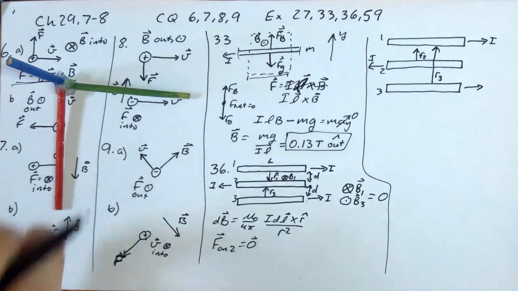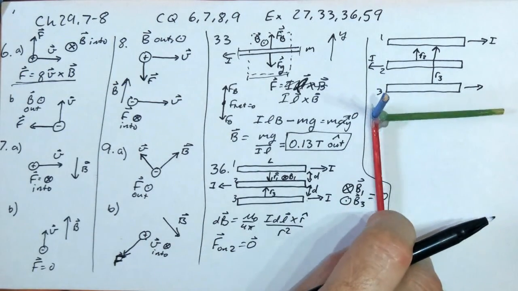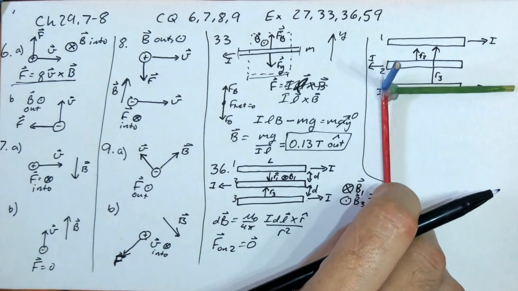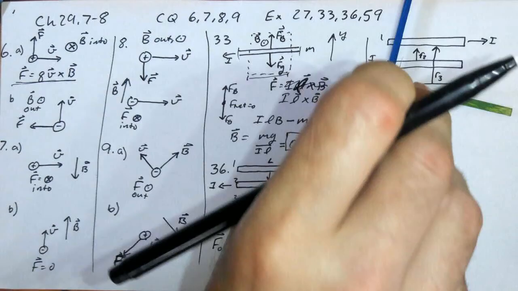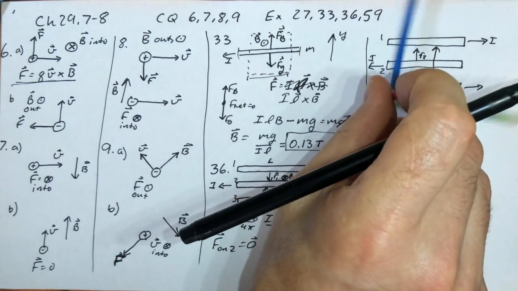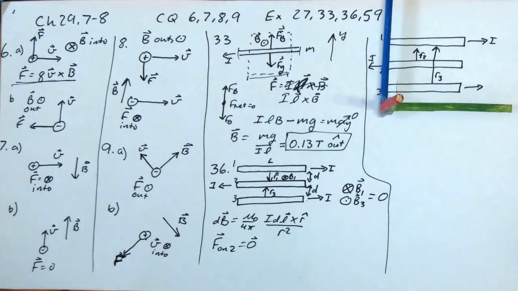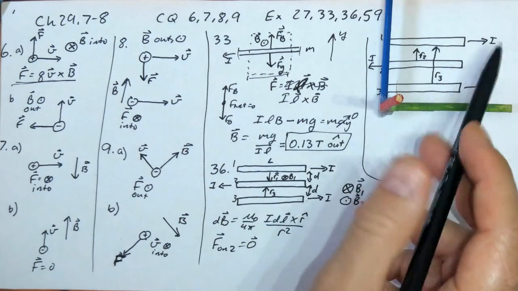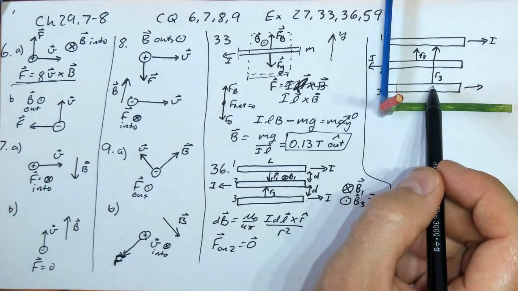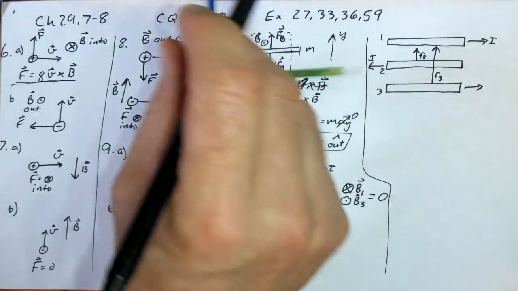Okay, so our current's flowing this way. In current in wire 3, R3 is pointing up, which means that the field here, due to this wire, is out of the page.